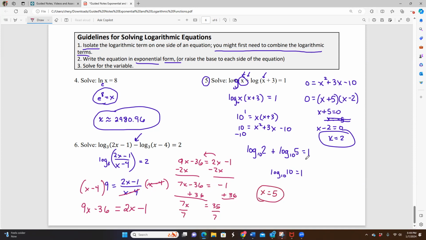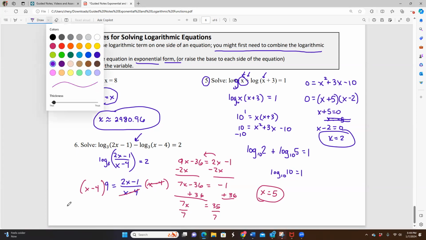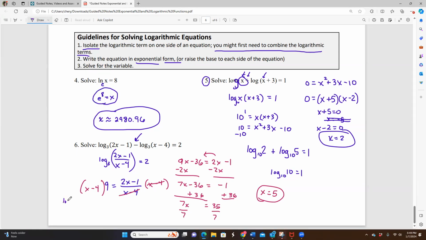Then we can check the answer by substituting it into the function. If we substitute it in, we'll have the log base 3. Now, if my answer is 5, this would be 10 minus 1, so the log base 3 of 9.